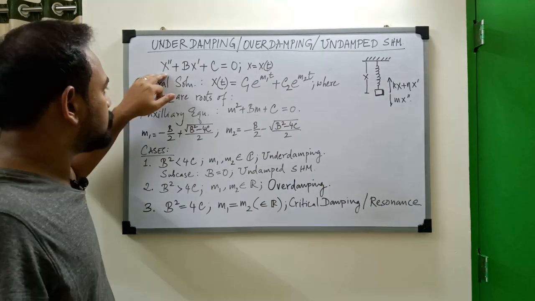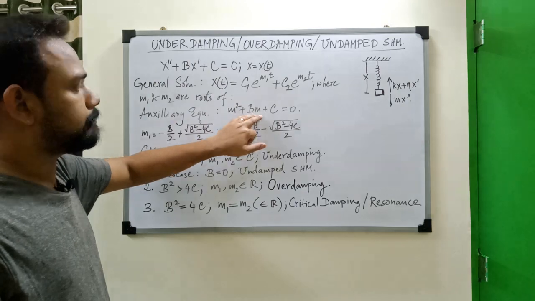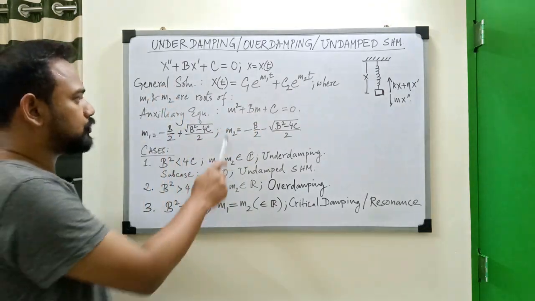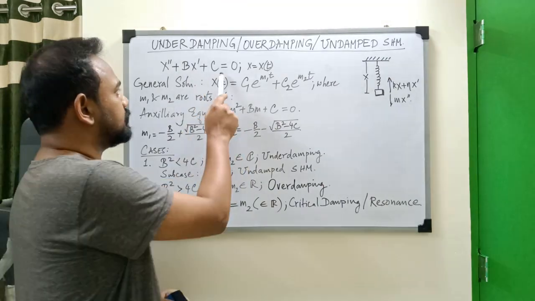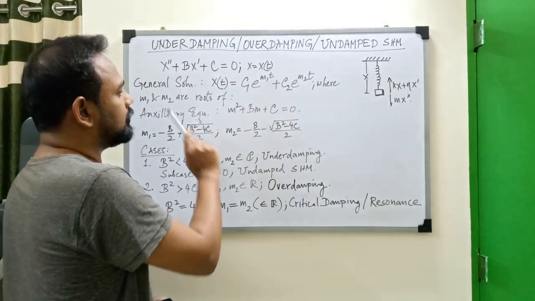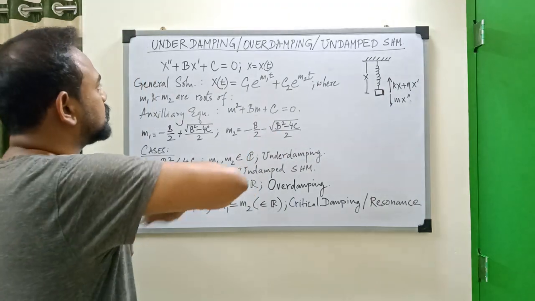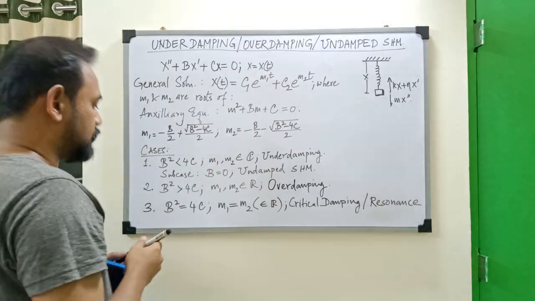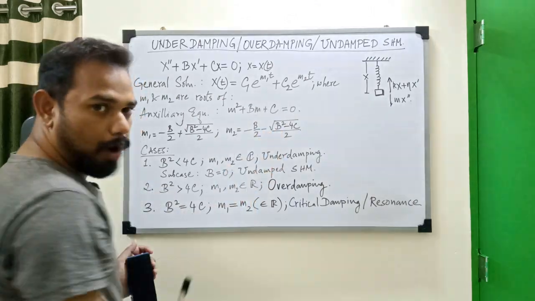In the auxiliary equation, all the differentiated terms are replaced by m. This is differentiated twice, so you have an m square. This is differentiated once, so we have m here. There's a slight problem here, there's an x. So x is not differentiated at all, so this is m to the power 0, or just 1.